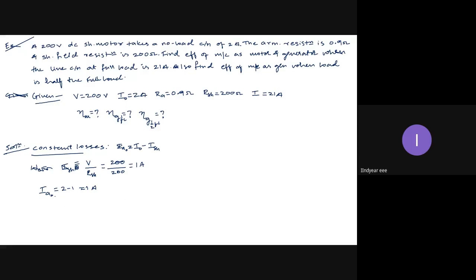Therefore constant loss WC is equal to V into I naught minus IA naught square RA. So 200 into 2 minus 1 square into RA, which is 0.9.